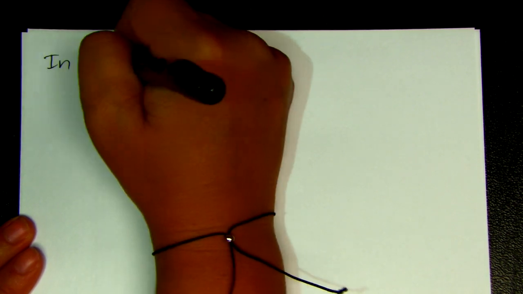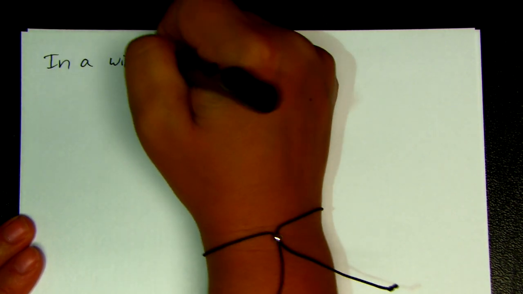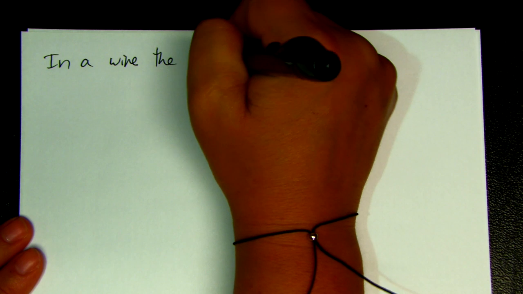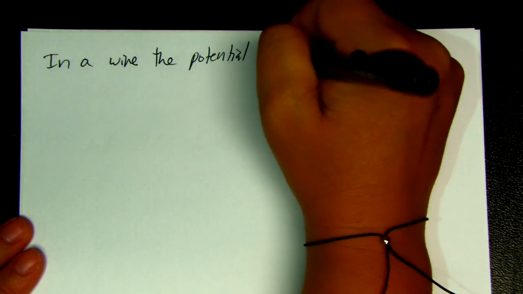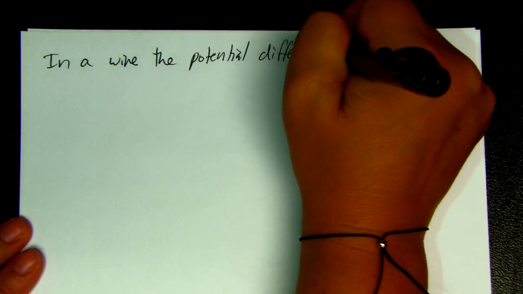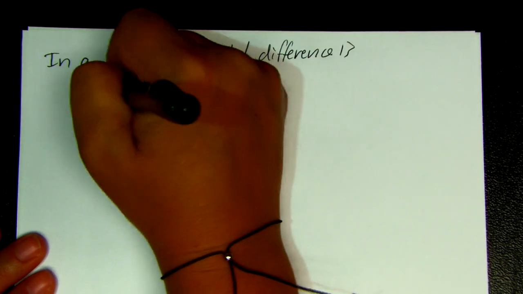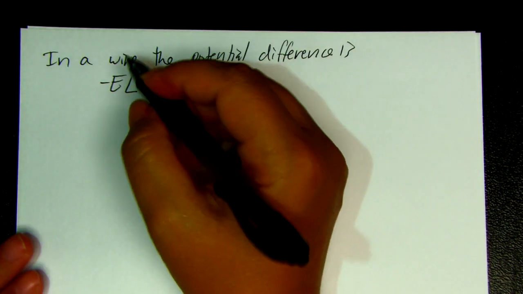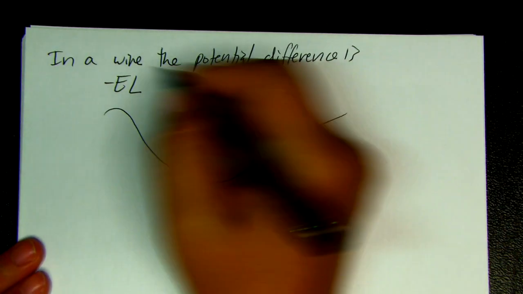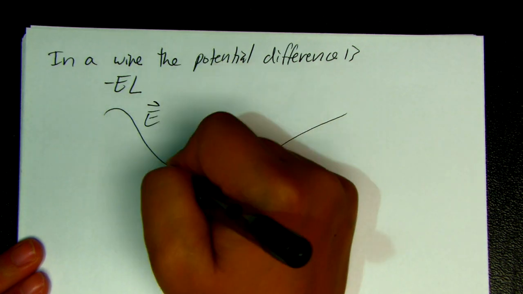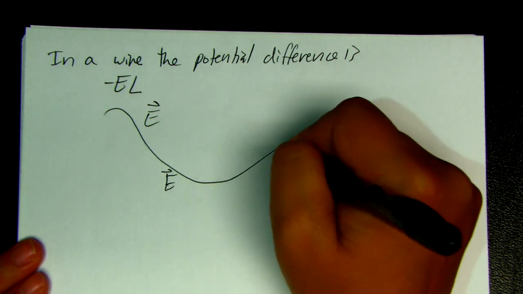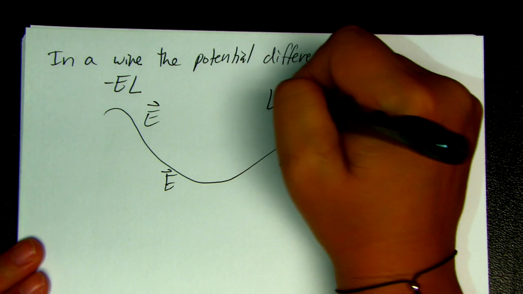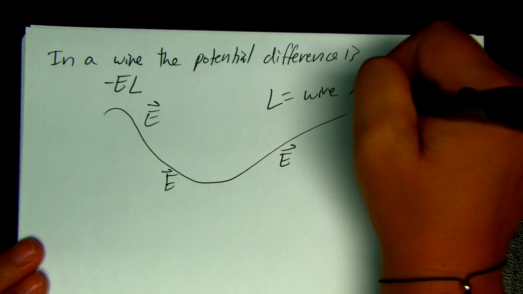All right, so let's bring that into potential. So in a wire, the potential difference is minus E times L. So you've got E that's pushing those electrons through, and L is equal to wire length.